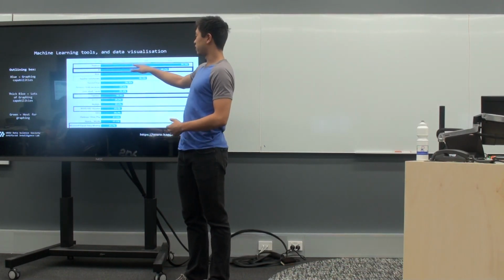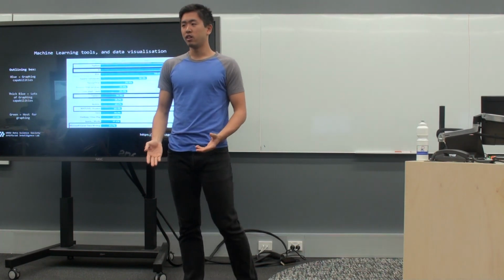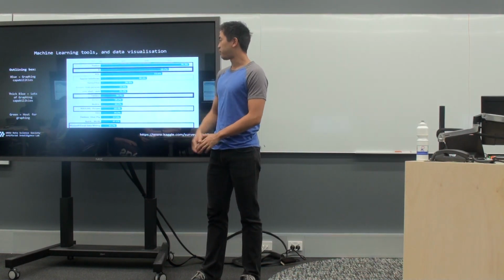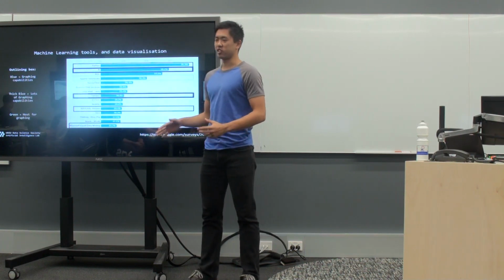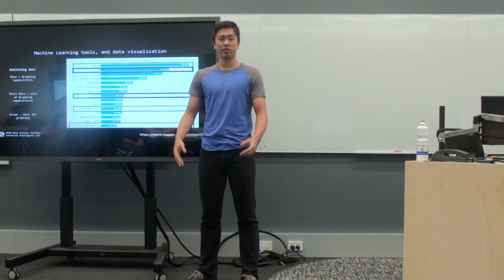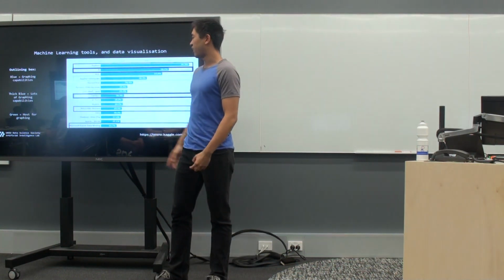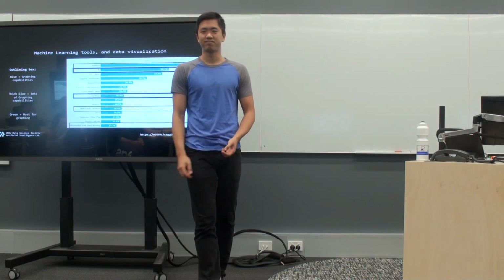R has a very good visualization package called ggplot2, and that's my favorite visualization tool. Python's pretty good, it's got matplotlib and Seaborn. Tableau, as I mentioned, is specialized towards data visualization. The blue outline just means it has graphing capabilities, and the thick blue outline means it's very good.